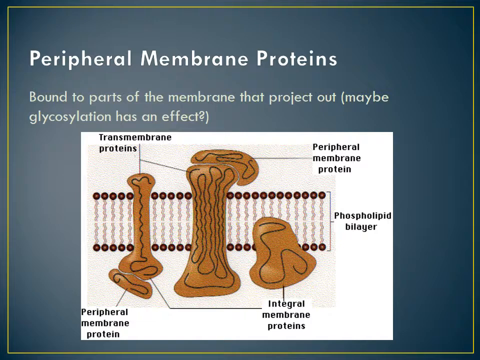It is associated with the membrane, but it's not actually in the membrane. Most of the time when we're talking about membrane-bound proteins, we're talking about these integral proteins. But we can't forget that there are peripheral membrane proteins that do things as well. They might serve as a glue, they might serve as a messenger, they might have all sorts of different functions.